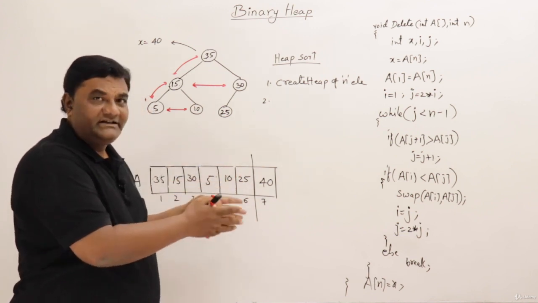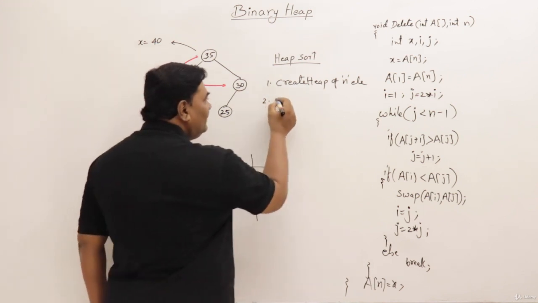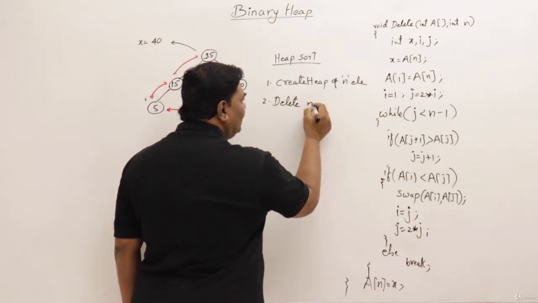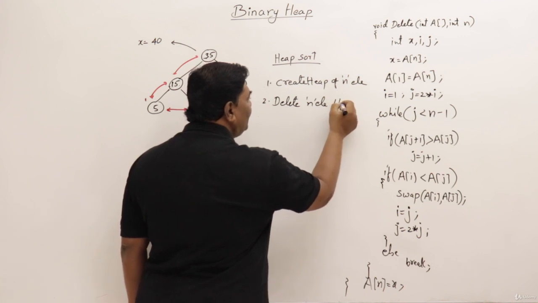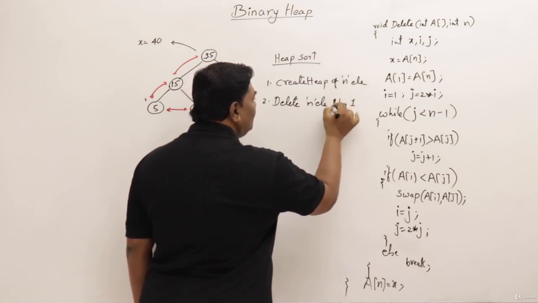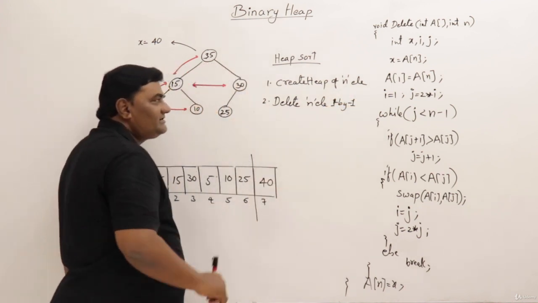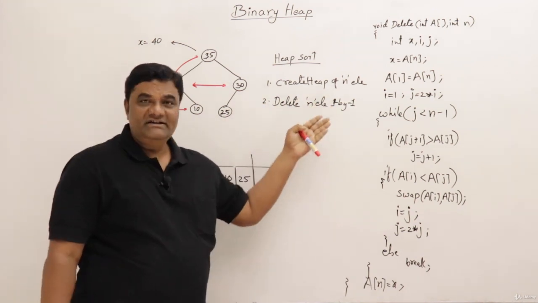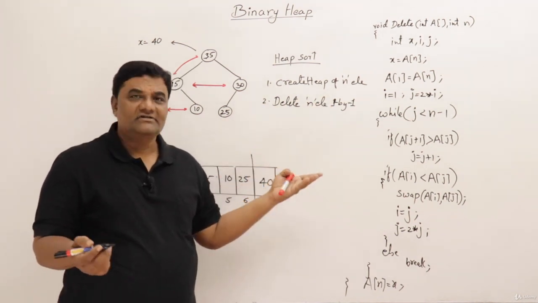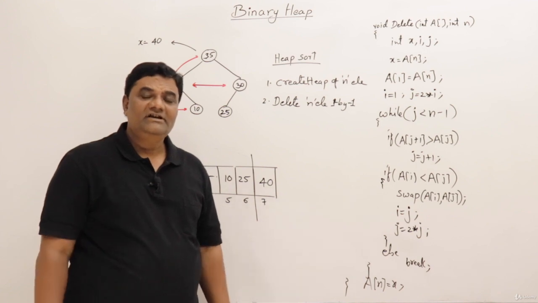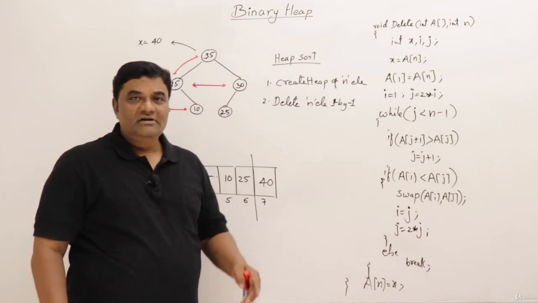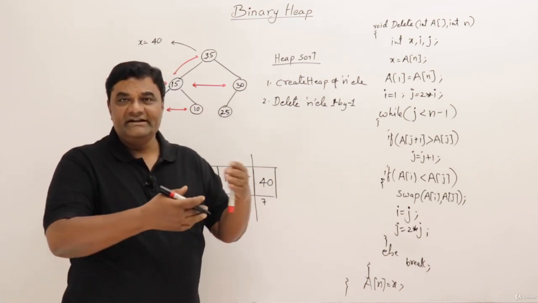So delete and copy, that's all. Delete n elements one by one. That's it. So create a heap of n elements, then delete the elements one by one. That's all. It became a heap sort. Create heap of n elements, delete all the elements.